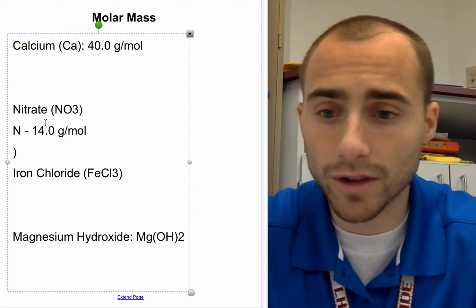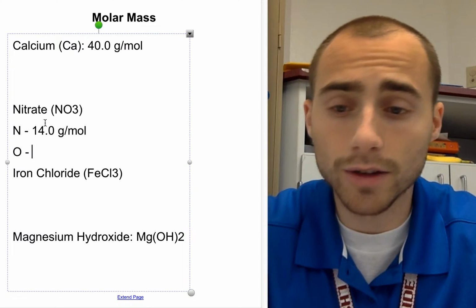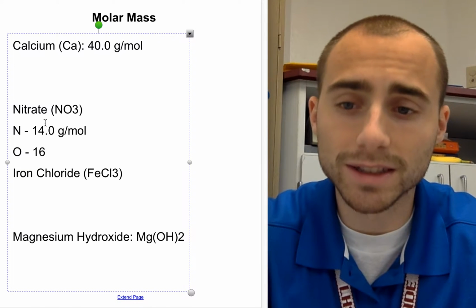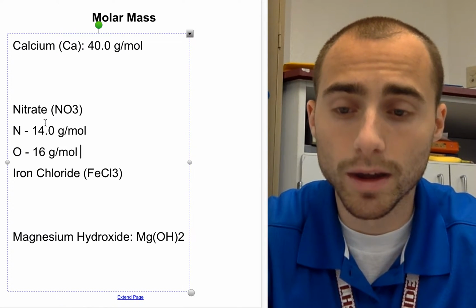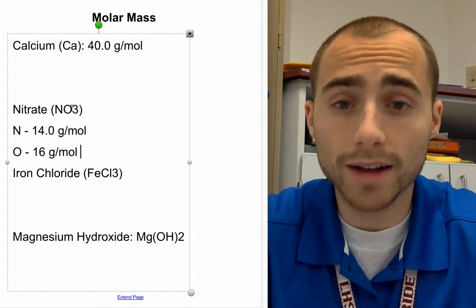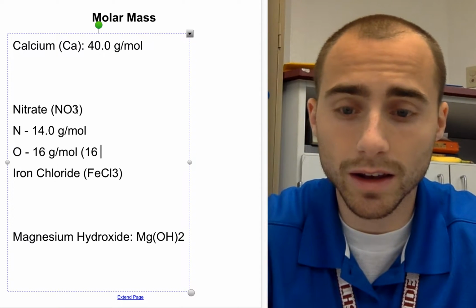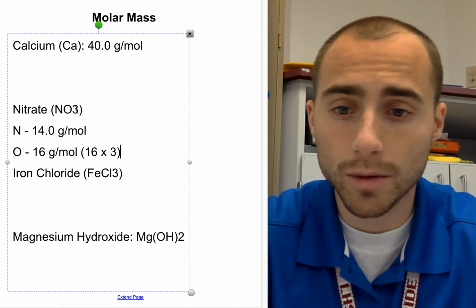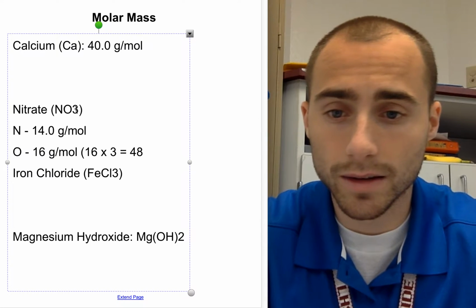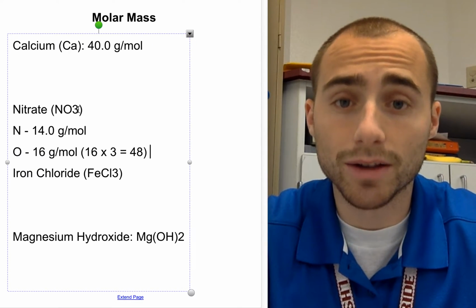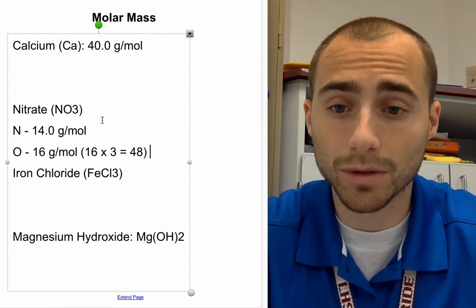And then oxygen's molar mass is about 16 grams per mole. But we have 3 oxygens, so we have to do 16 times 3, which will give us 48.